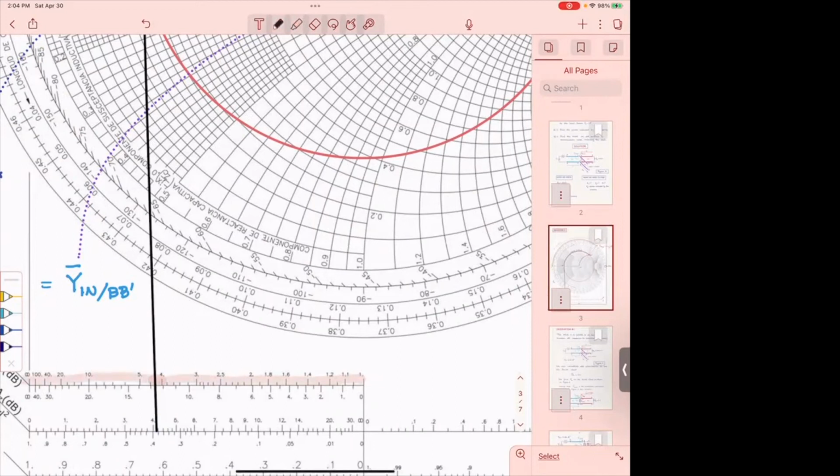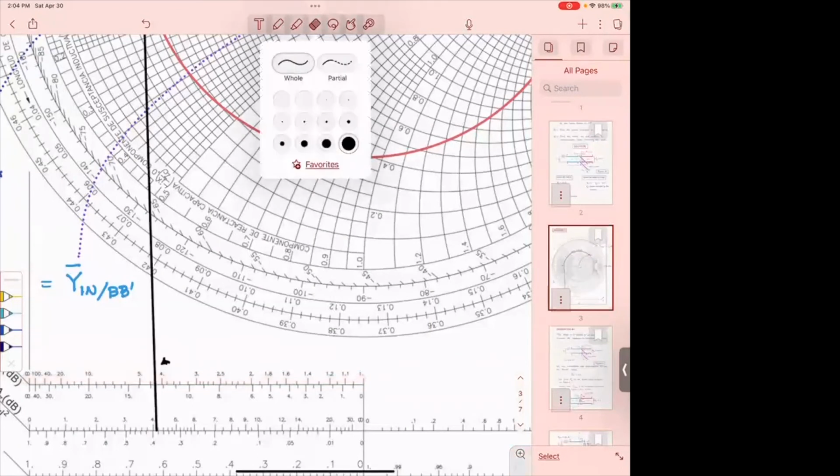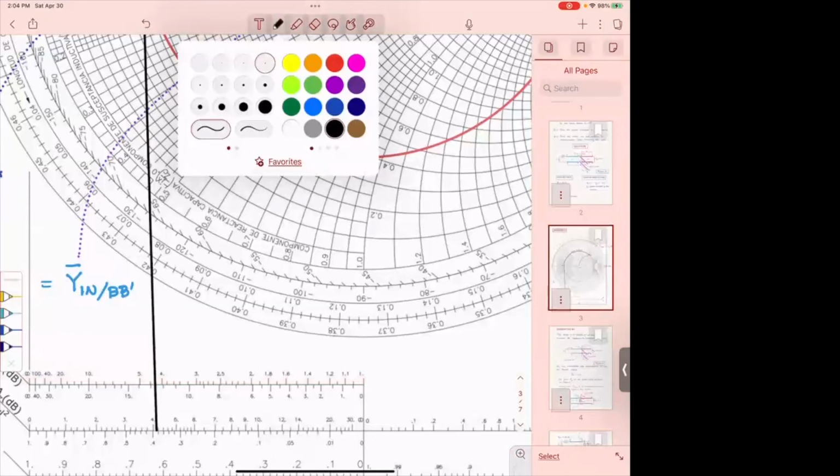So there we can measure, and the value is going to be 4 point something, maybe 4.4.